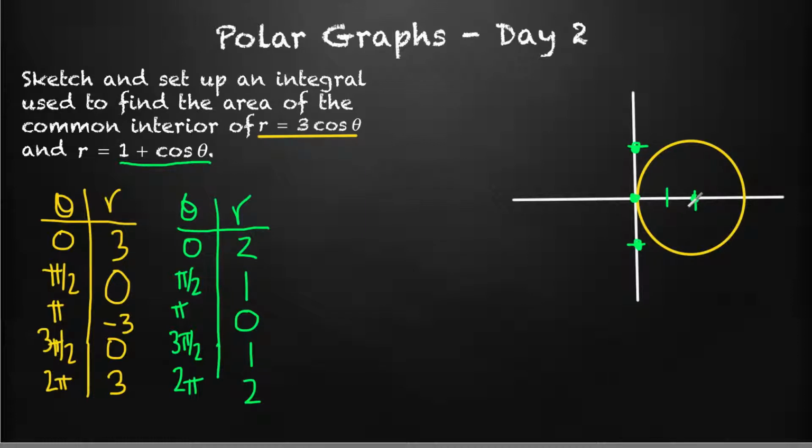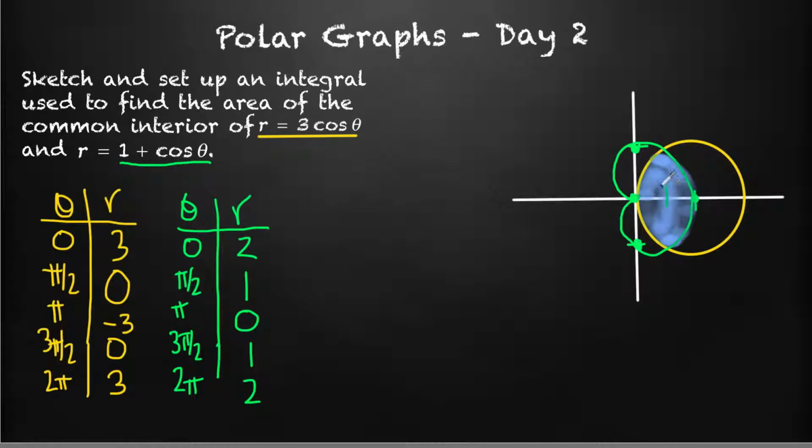So this one is going to look like this. It's going to come down there, come through there, and come up there like that. And so it is asking us to find the area of the common interior. And so we will highlight that here to make sure that we know exactly what the area is that we are trying to find.